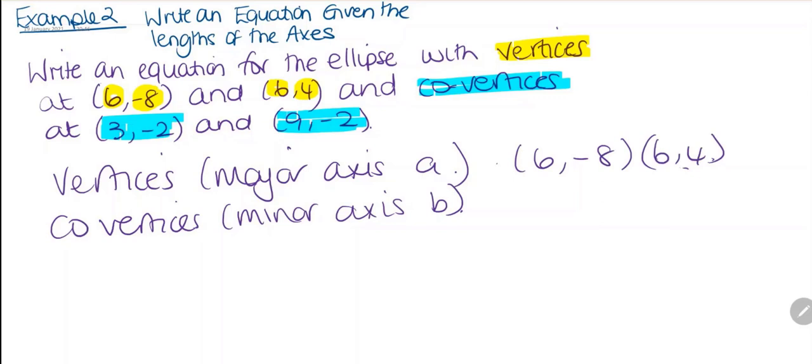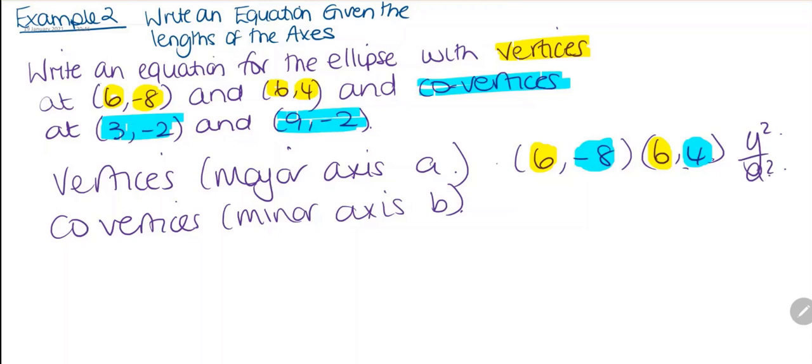The x values are the same, so the ones that are different are at y. So we can see y squared is going to go with a squared.